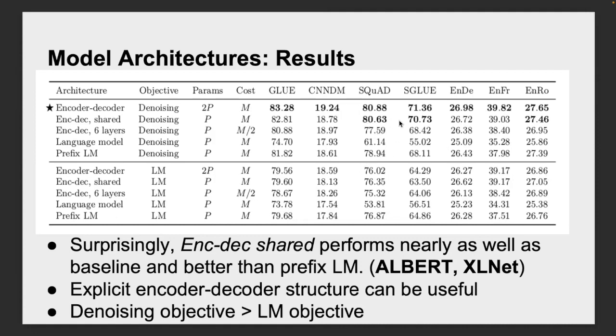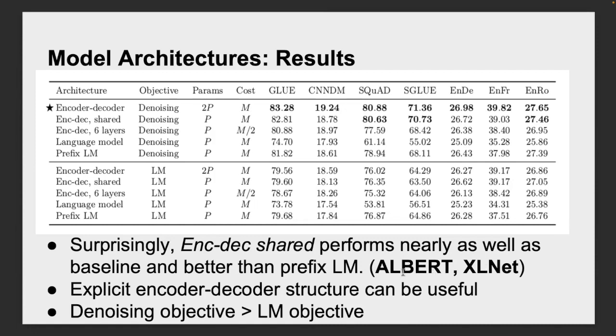But it's also surprising to see that the shared parameter encoder decoder performs nearly as well as the baseline, and it performs better than the prefix language model. For the idea about shared parameters in the transformer, a good suggestion is to look at ALBERT, which stands for A Lite BERT.